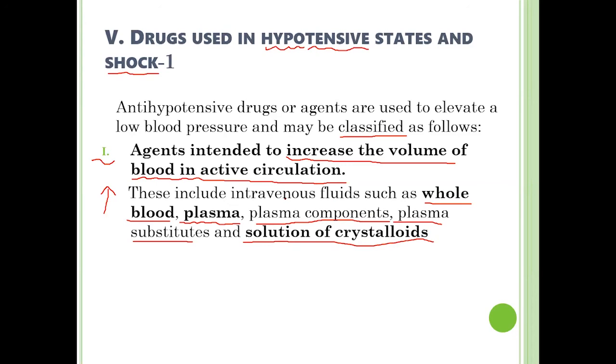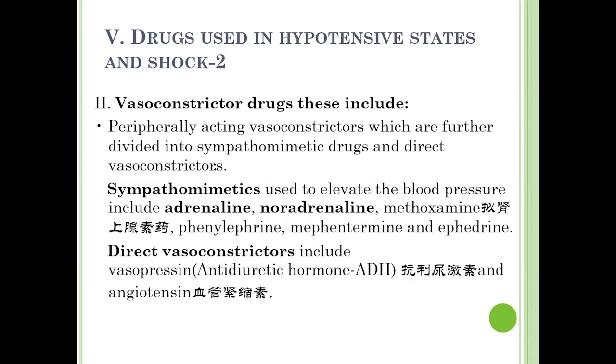Another category, we give some drugs that make the blood vessels contract. Low blood pressure and shock both involve not enough blood sent to the local tissue. When we make the blood vessels contract, that can increase the blood pressure, and increased blood pressure will send more blood to the local.